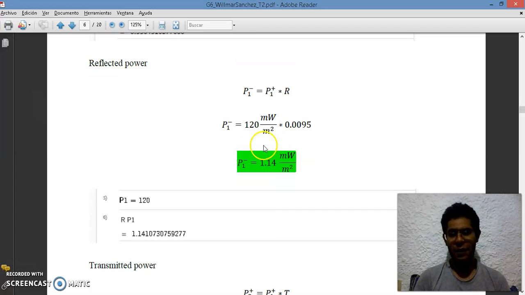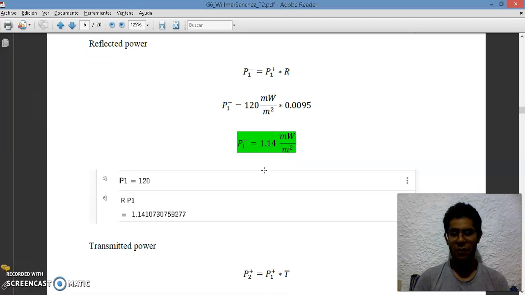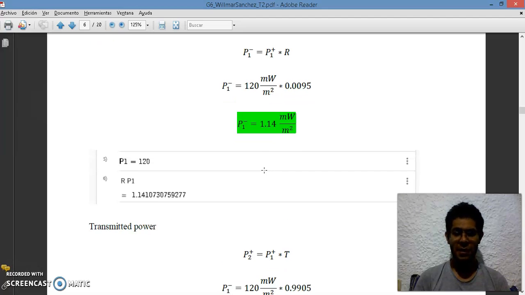To find the reflected power, I multiply the power by the reflectance coefficient, and the value of the reflected power is 1.14 milliwatts per square meter.